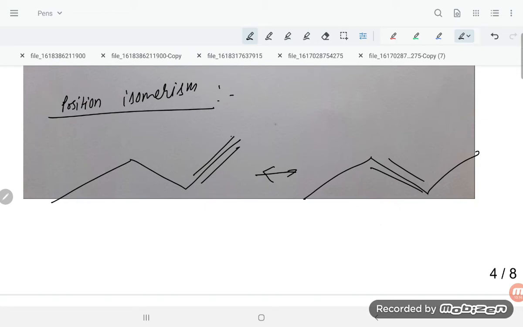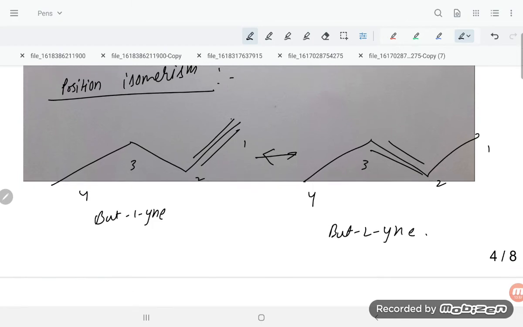So this is known as position isomerism. Here 1 2 3 4, it is but-1-yne, and here 1 2 3 4, it is but-2-yne. So the position of the triple bond has changed, that is why it is position isomerism.